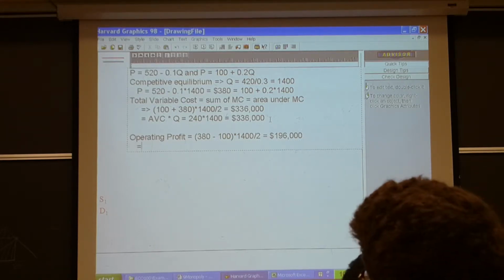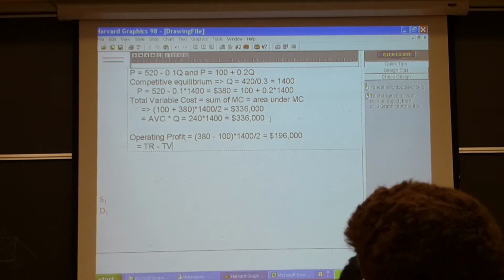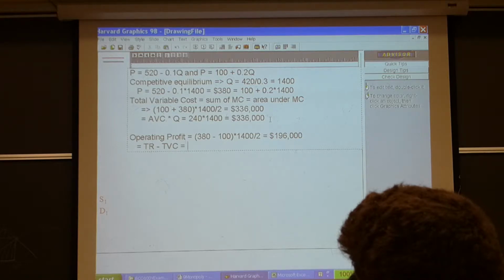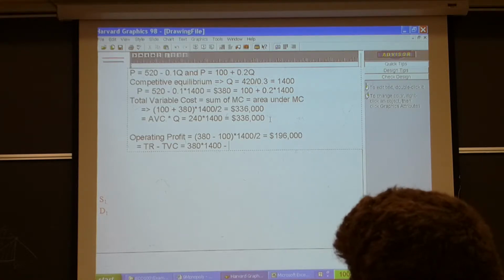Yes, we do. This would be equal to total revenue minus total variable cost. And when you go home, I want you to go through this and just see that, playing around with what we already know, we can do all this kind of stuff, right? Total revenue in this case is 380 times 1400 minus 336,000.